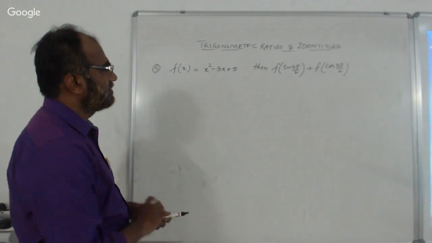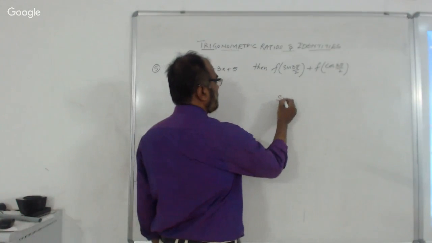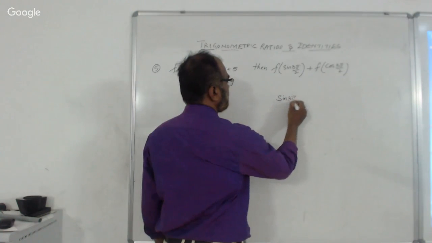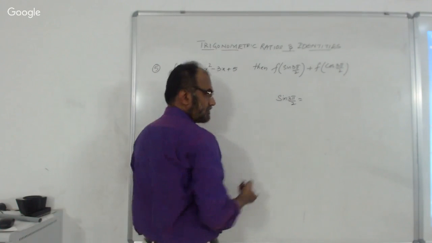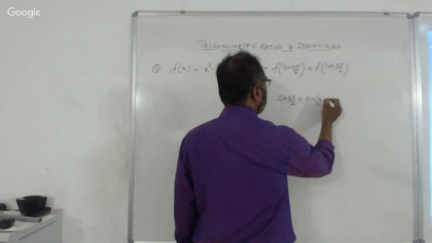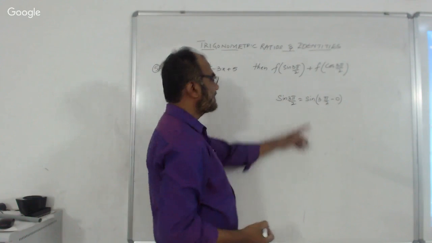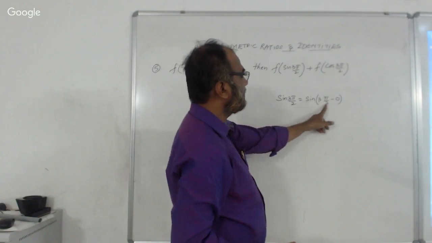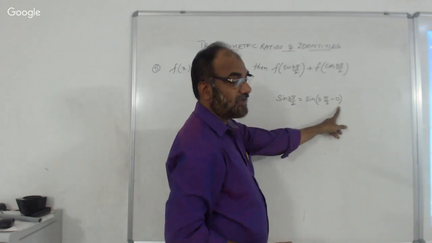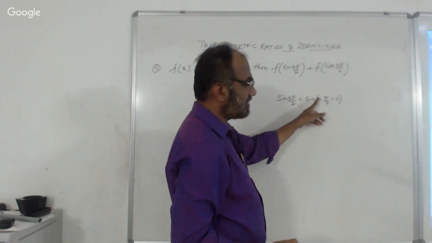Very simple. You find what is the sine 3 pi by 2 first. Sine of 3 into pi by 2 minus 0. Now, this is like sine of n pi by 2 minus 0. Yesterday we had written the concept: it is sine of n pi by 2 minus theta, where n is an odd number.